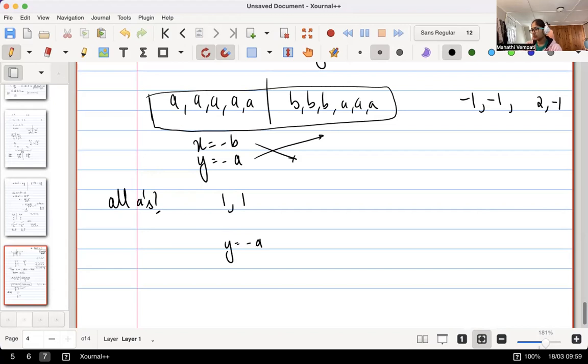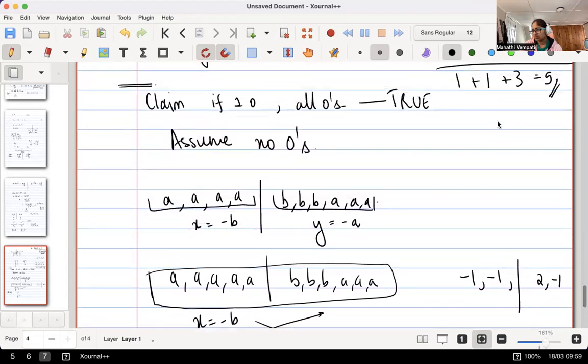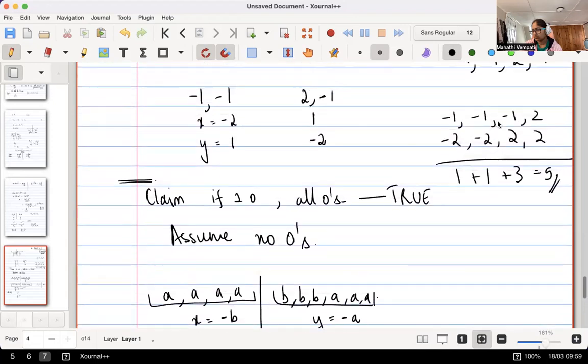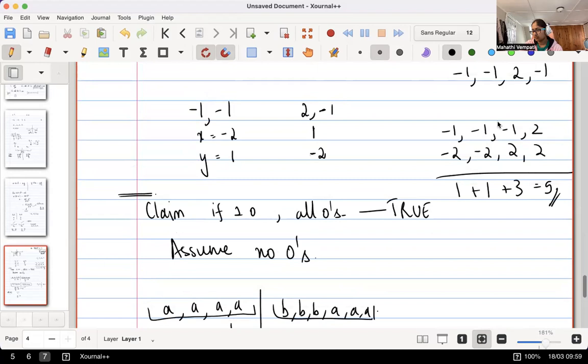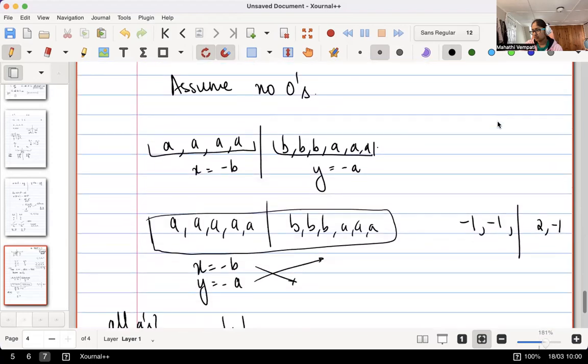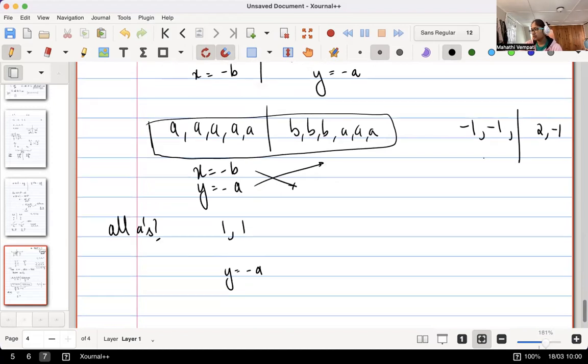Hey, the product here is not. How did this work? Yeah, that's fine. It works. Product here is equal to minus A, which was 1, and sum is equal to minus B, which was 2.